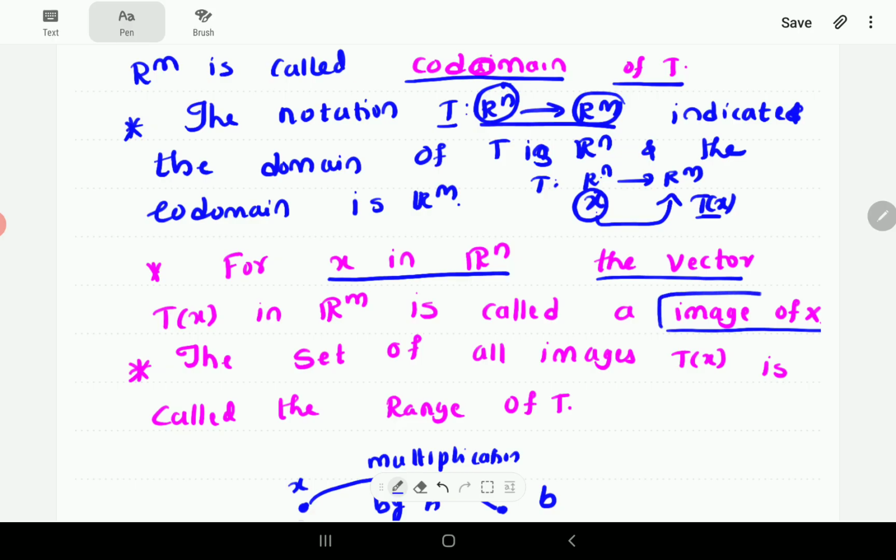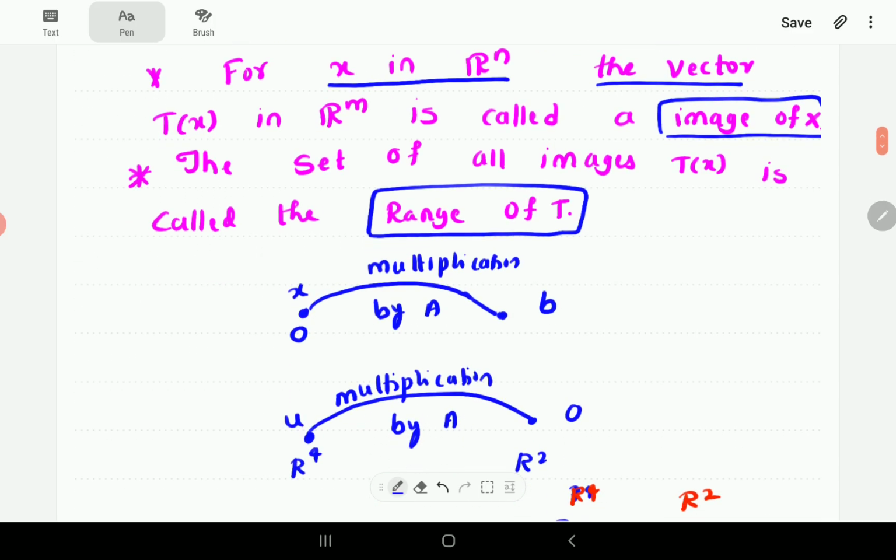Similarly, for x1 we have T of x1, for x2 we have T of x2, and like that you have a collection of images. The set of all the images which we obtain here is called the range of T.